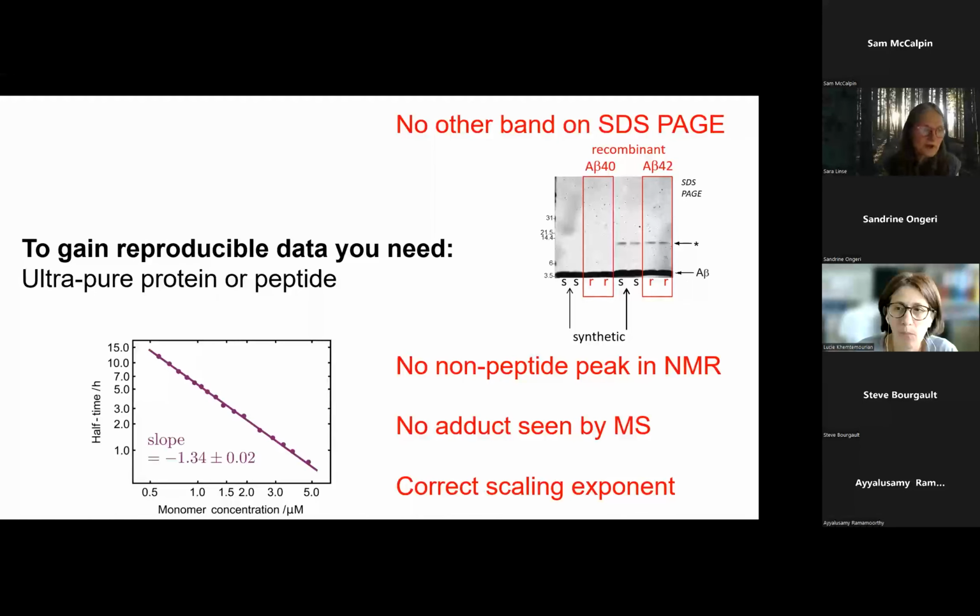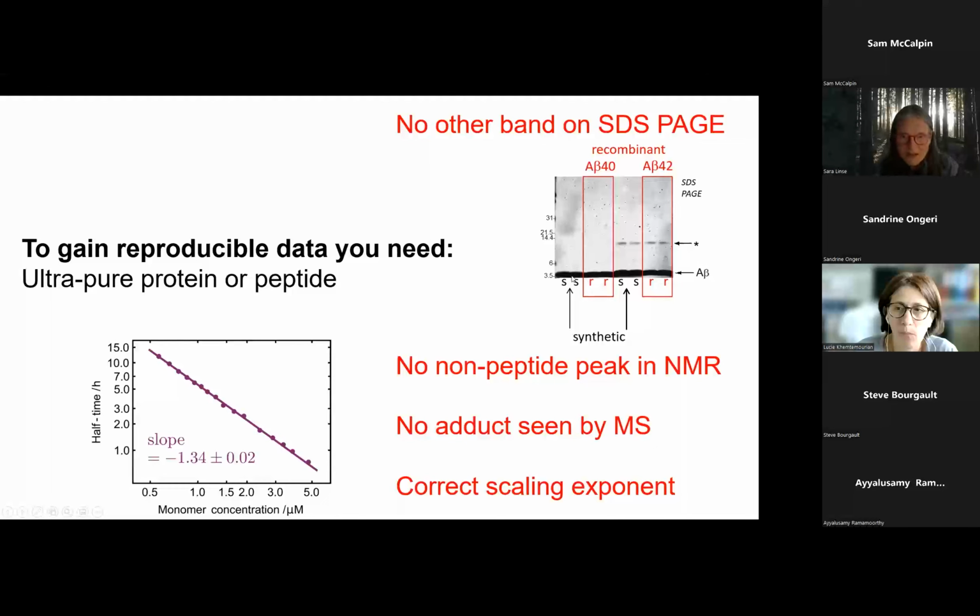You also need to have ultra pure protein or peptide. And what does that mean? So I mean, the first easiest check you can always do, of course, is to check there are no other bands on SDS-PAGE. So this is silver stained gels of A beta 40. This is our recombinant A beta 40, side by side of 2 lanes with a synthetic, which looks fine because you don't see racemates, you don't see miscouplings, it is just one amino acid. You don't have that resolution on SDS-PAGE.